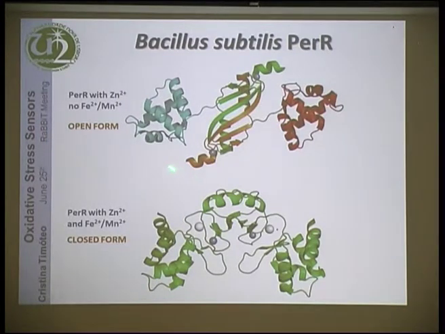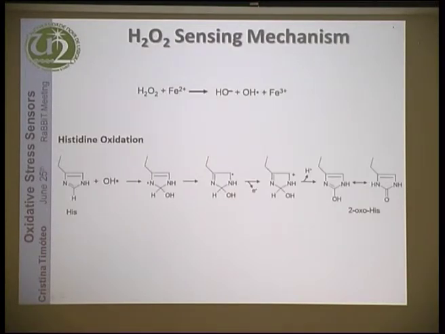So, the protein has 2 forms. An open form, when it does not have iron or manganese, and when it binds iron or manganese, it has a closed form, and this is the only form that is able to bind DNA. The hydrogen peroxide sensing mechanism which is described would be something like this.